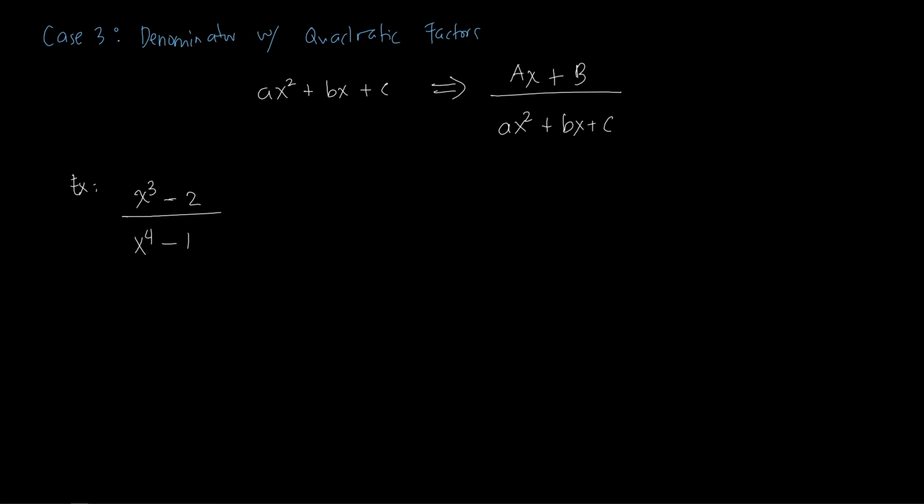So what can we use here? Difference of two squares. Remember from algebra, if you have x squared minus y squared, it can be factored as x plus y times x minus y. You should remember that. So we can rewrite this as x squared, squared, and then 1 squared.